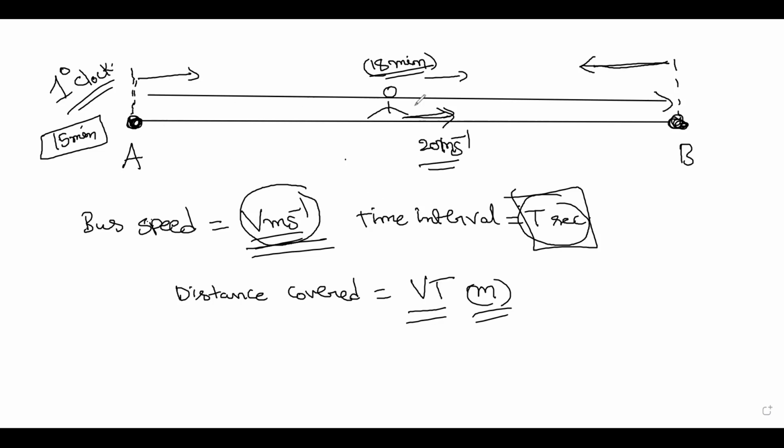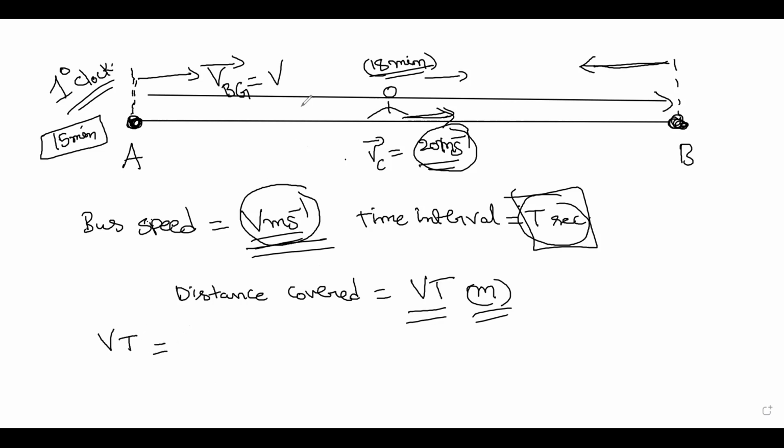Now he is also moving at 20 meters second inverse. The bus is moving like this, that is the velocity of the bus with respect to ground. It is V, and the velocity of the cyclist is 20. Both are moving in the same direction, right? So what is the distance covered? That is Vt.